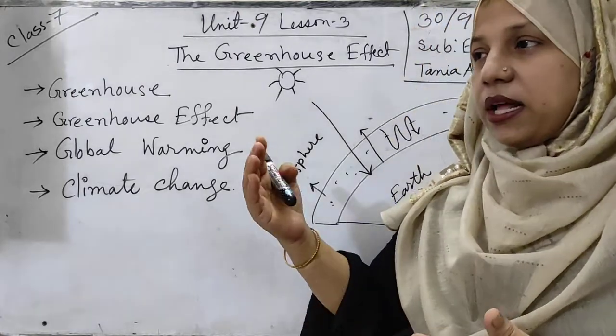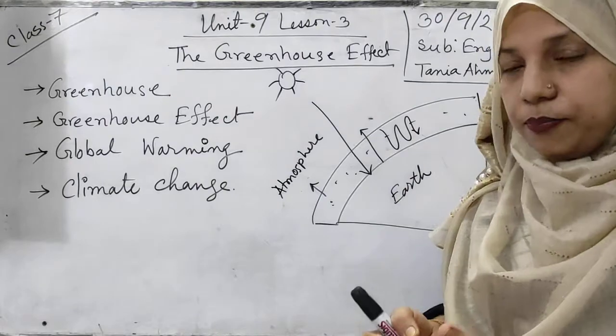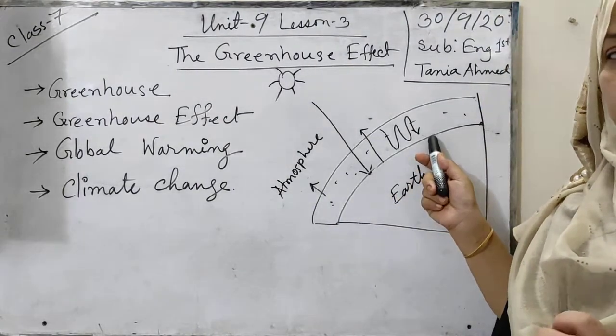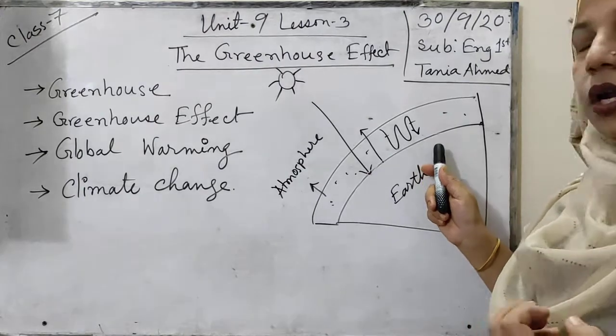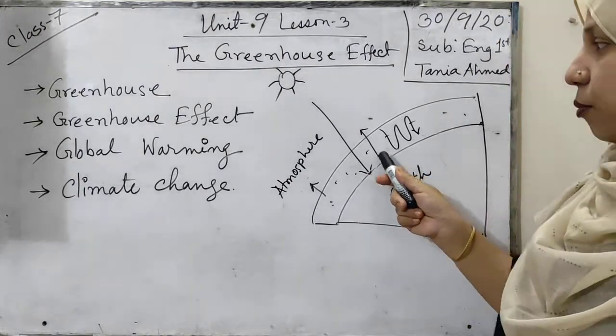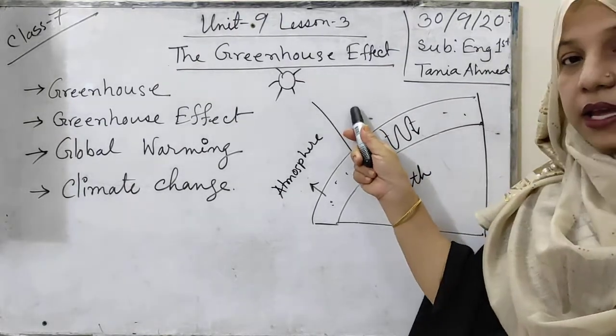When the heat of the sun comes to our earth and makes the earth's surface hot, it's getting hotter and hotter. And what happens at night? It becomes cool at night. It releases heat to the atmosphere again.